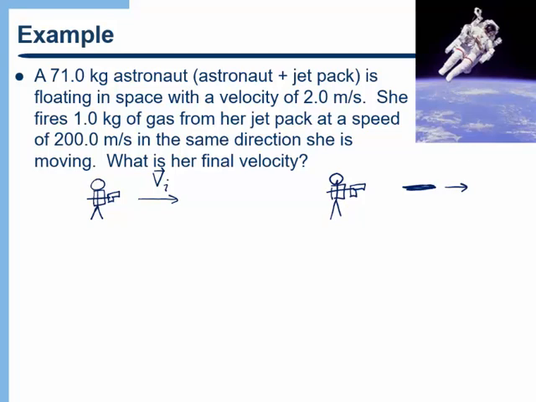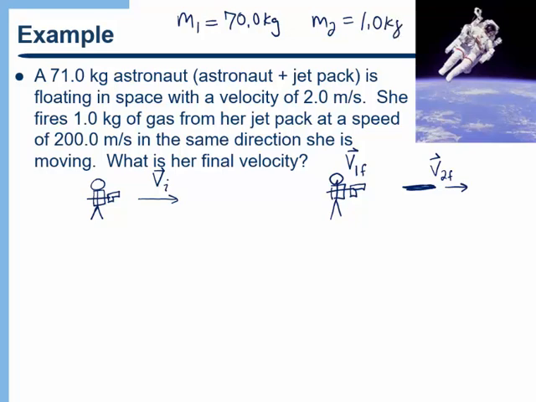But then afterwards, we'll call her velocity V1 final, and we'll call the velocity of the gas V2 final. Notice that what that means is that the mass of just the astronaut after she shot the gas, that's what I'm going to call M1. So that's going to be 70 kilograms. And M2 is going to be the mass of the gas that was shot, which is 1 kilogram.